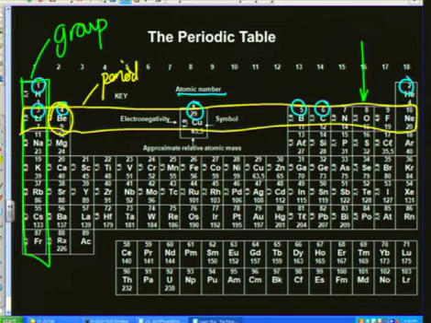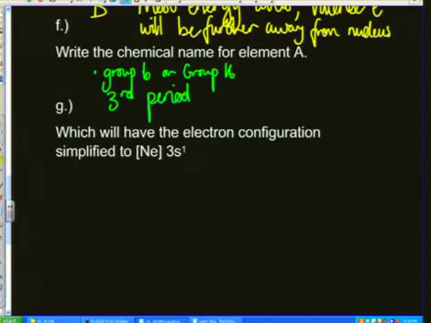So going 1, 2, 3. It's going to be sulfur. Perfect. We can fill in sulfur, and as the whole name, not just the symbol, which will have the electron configuration simplified to neon 3s1.